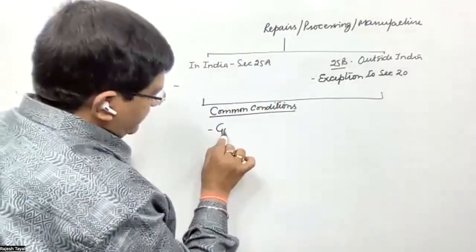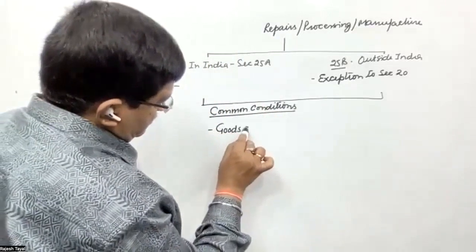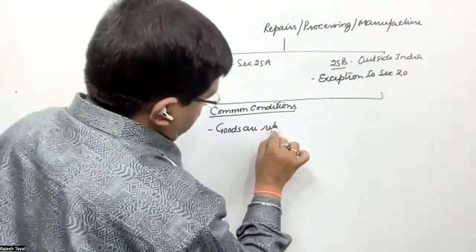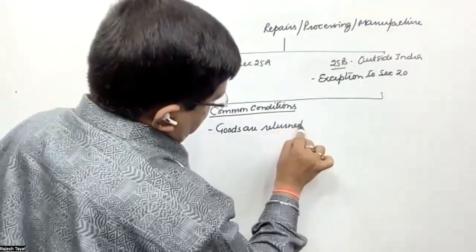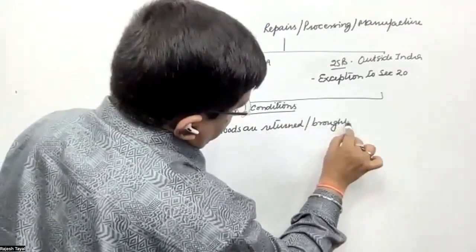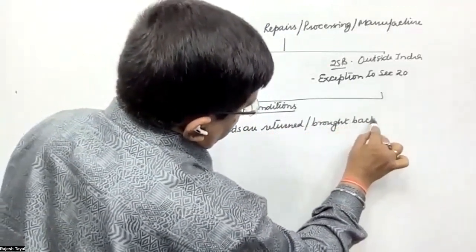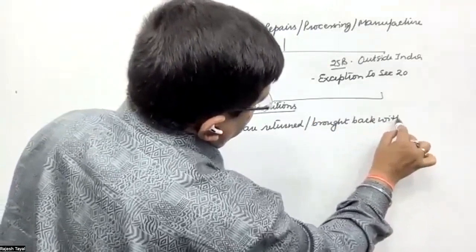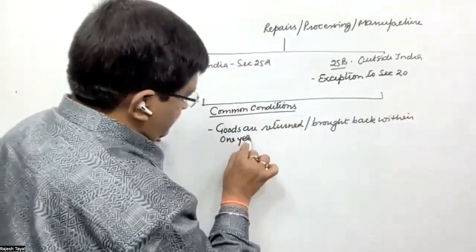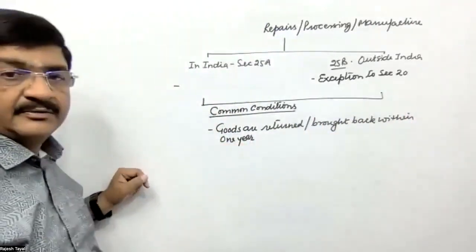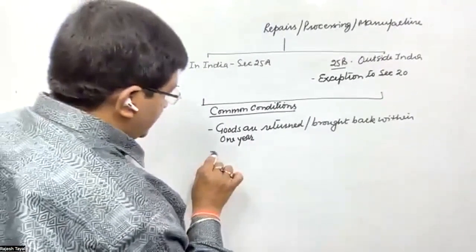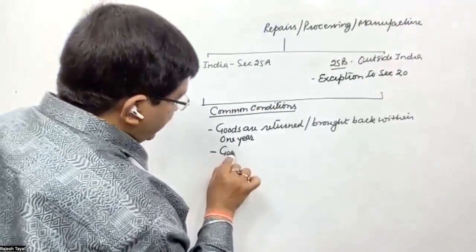Goods are, in this case, returned or brought back within 1 year. Goods are identifiable.